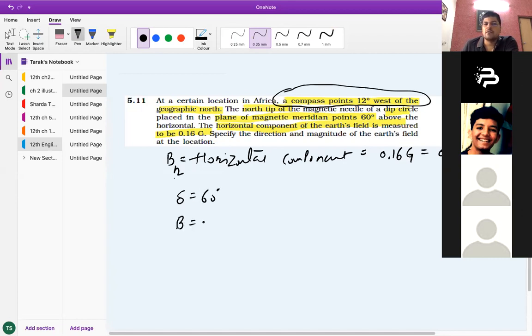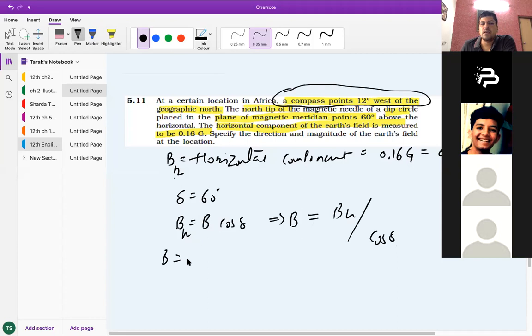So my equation is B of H equals B cos delta. I want to find B, that is B of H by cos delta.